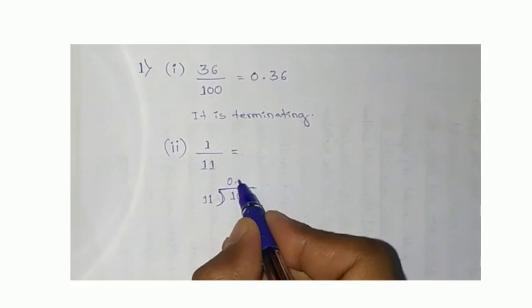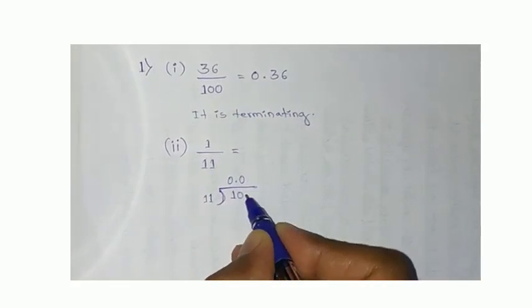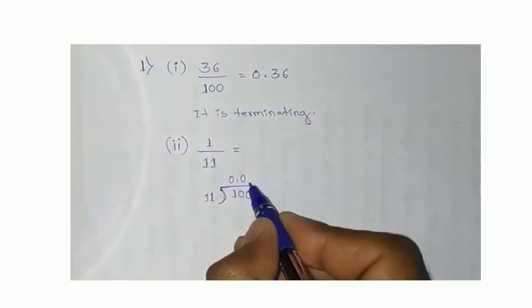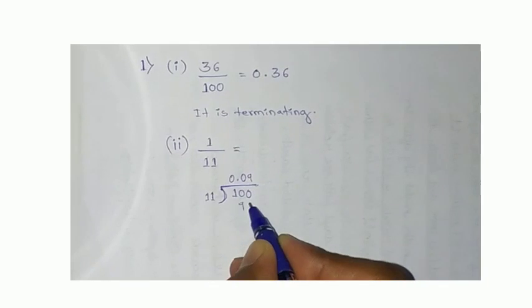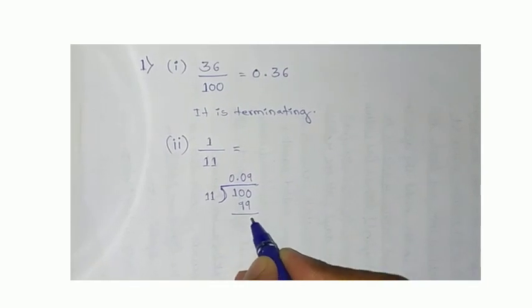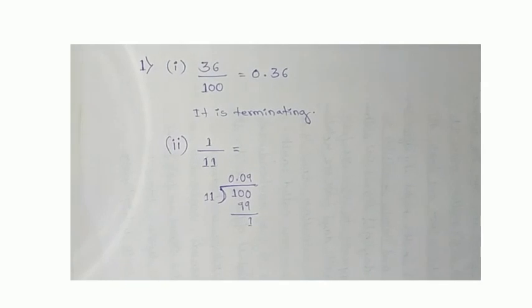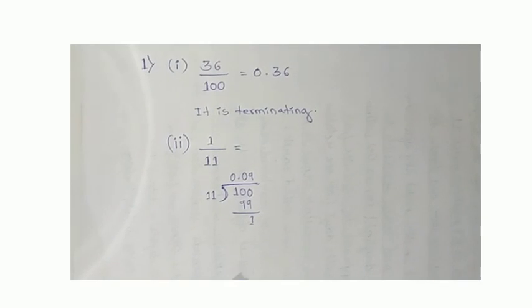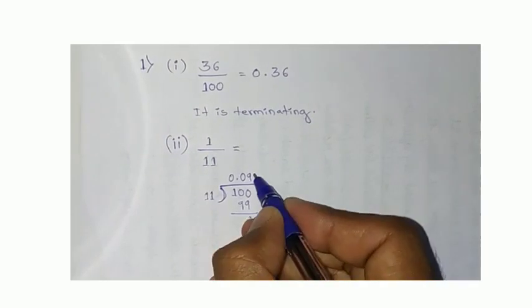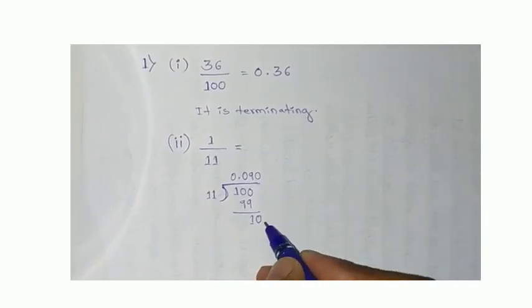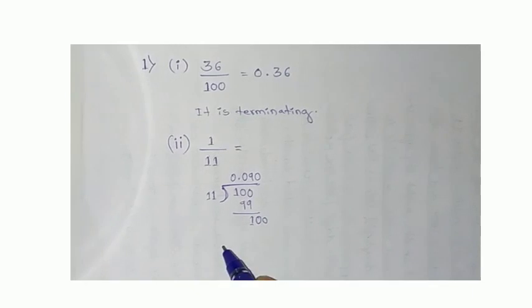Again it is not possible to divide, so take another 0, so 11 nines are 99. So here we got 100 minus 99, we got 1. Again take another 0 as carry, it is not possible, so make another 0, we get 100.